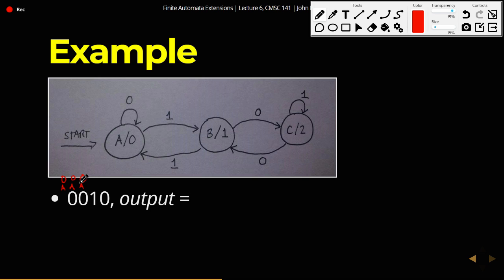A on 1 will go to B and output 1. And then B on 0 will go to C and output 2. So your output is 00012.